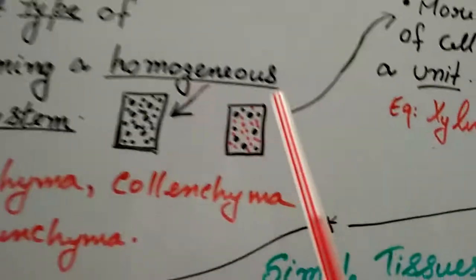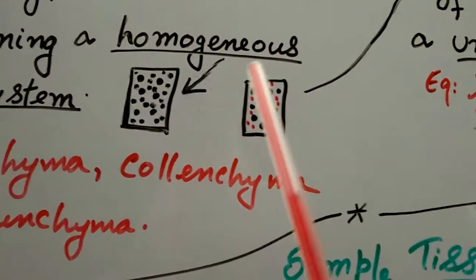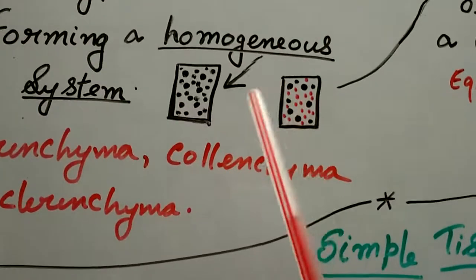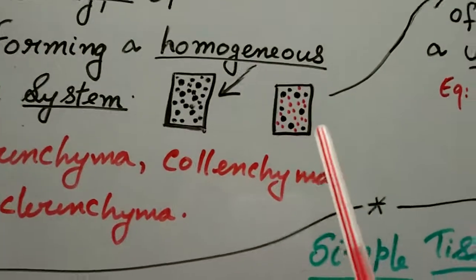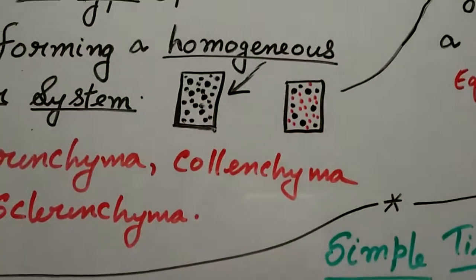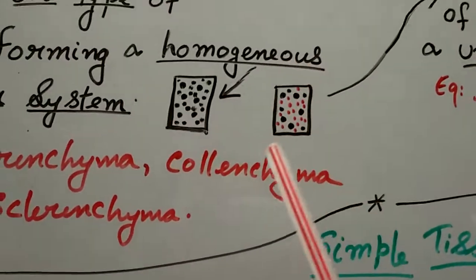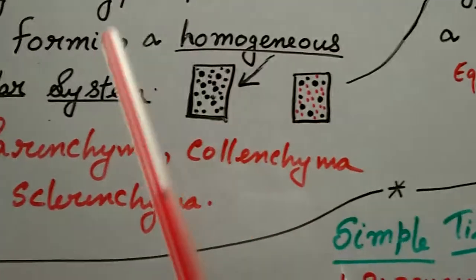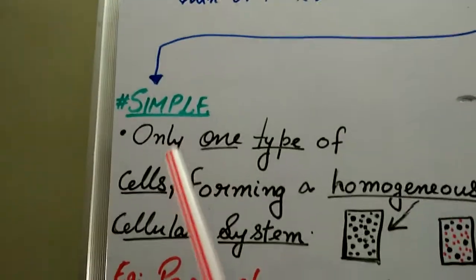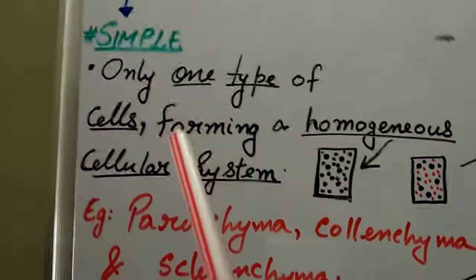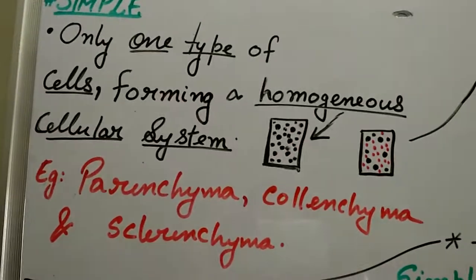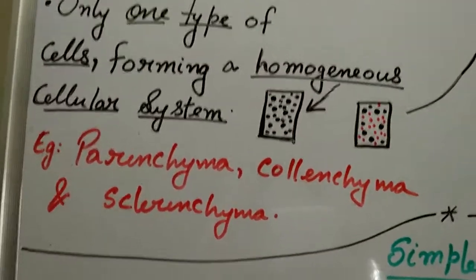But this is not a homogeneous cellular system, because I have also drawn some red dots here representing two types of cells, that is black cell and red cell. So this is not a homogeneous cellular system, but this is, and this is basically representing simple permanent tissue. So simple permanent tissues are composed of only one type of cells forming a homogeneous cellular system.